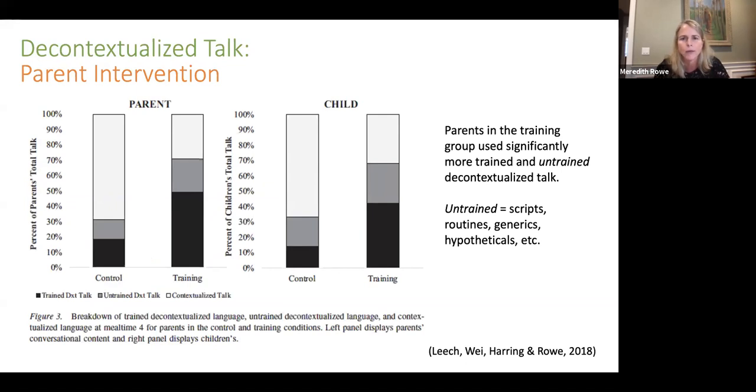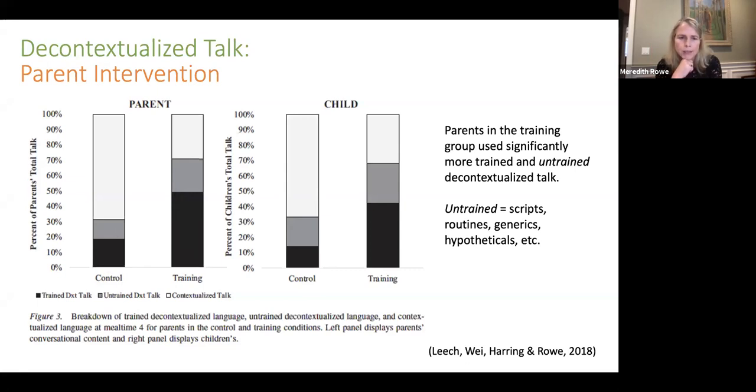And it turns out that the parents and the children in the training group used more of this other type of decontextualized talk also. So basically what you can see is on the left are the parents, on the right are the children. The black bars are the trained decontextualized talk that we coded. And then the dark gray bars are the untrained, the other decontextualized stuff they produce that we never talked to them about.